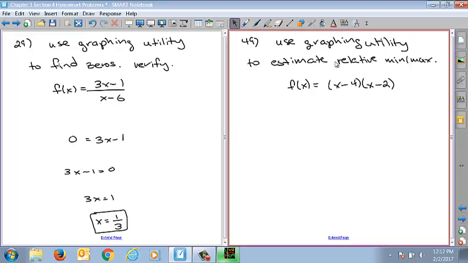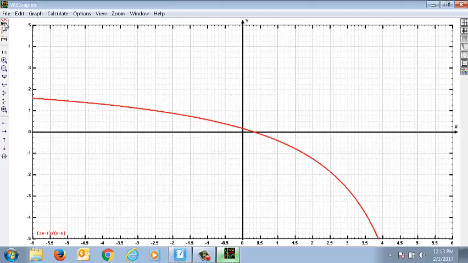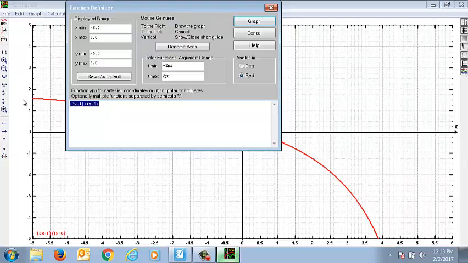29. Use a graphing utility to estimate the relative minimum and maximum. So I'm going to get my graph. We're just going to plot it. So let's go to the graphing program and do x minus 4 times x minus 2.